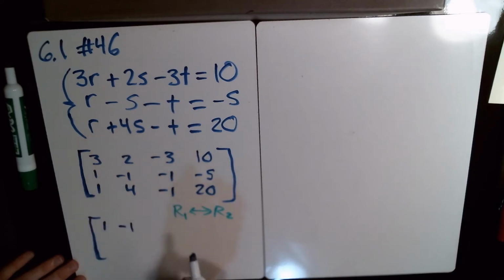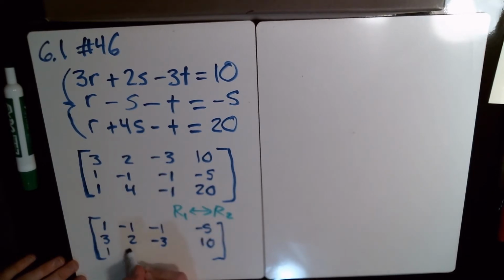So my second row becomes the first row, and then the first row becomes the second row.